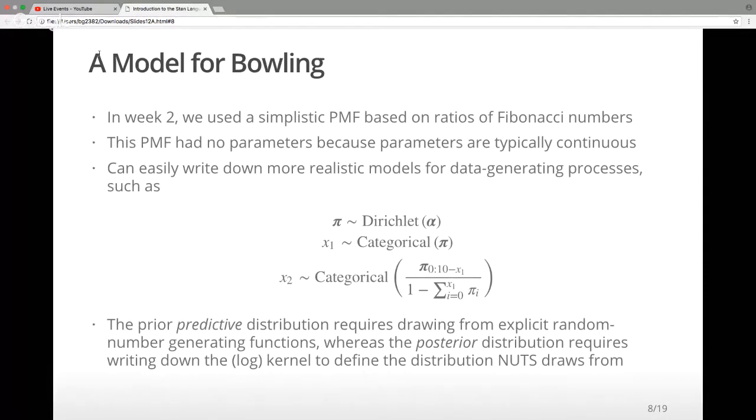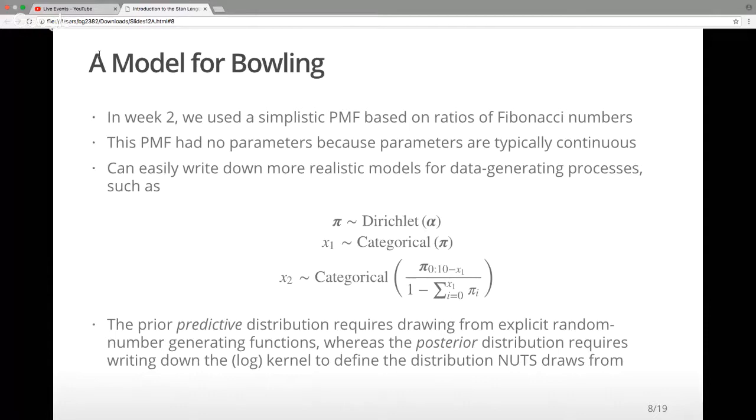You could not knock down any pins on the second roll, you could knock down 1, or you could knock down 2. And so we need to supply in this last line here a different simplex vector, but we're just going to do a renormalization of our original simplex vector pi.